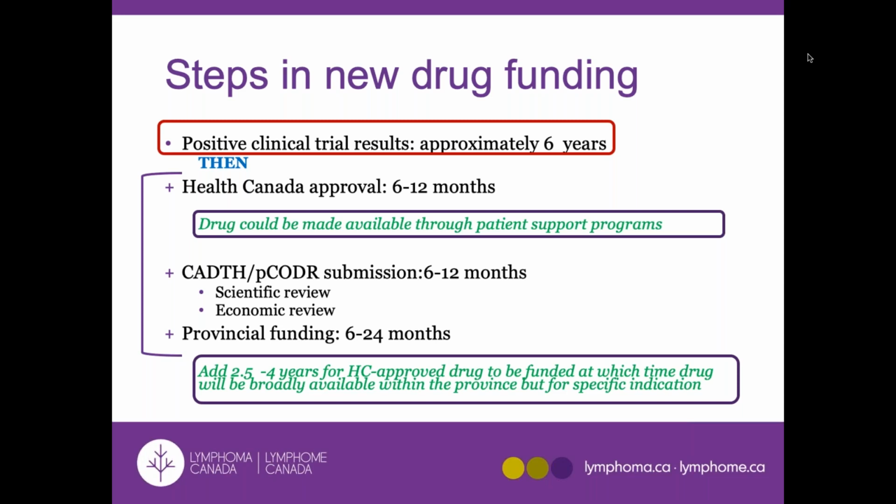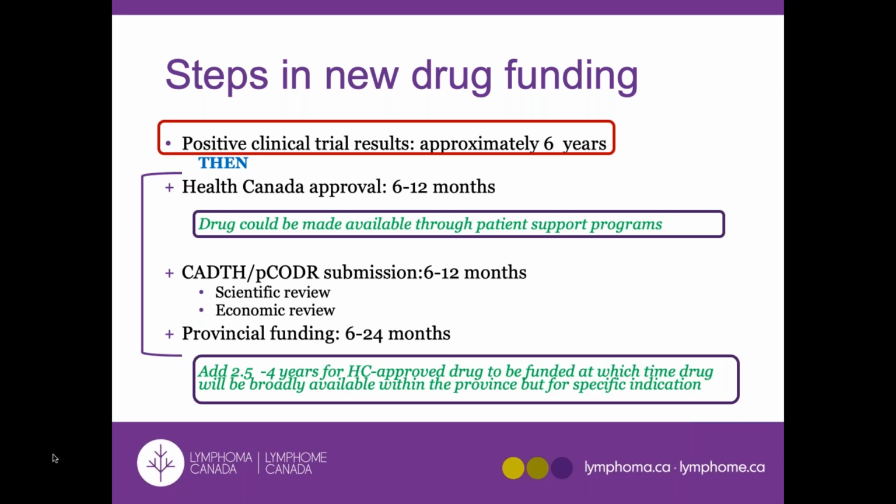In order for the drug to be prescribed or marketed in Canada, it has to go through another series of steps. One is the CADTH, or CADA, review process, and the pCODR, which is the Canadian Oncology Drug Review process, which involves looking at the efficacy of the drug, comparing it to current drugs that are used for that indication, but going beyond the scientific analysis of the drug and also doing a very detailed economic review.